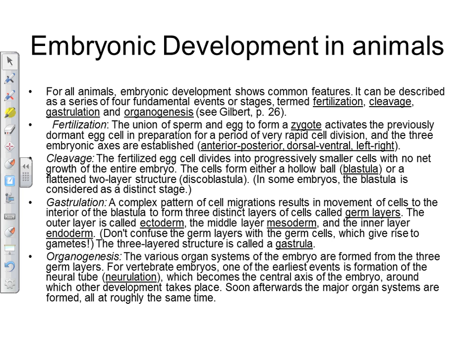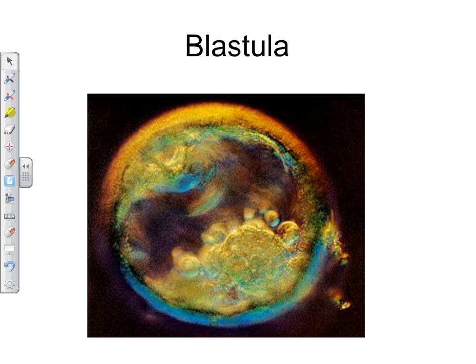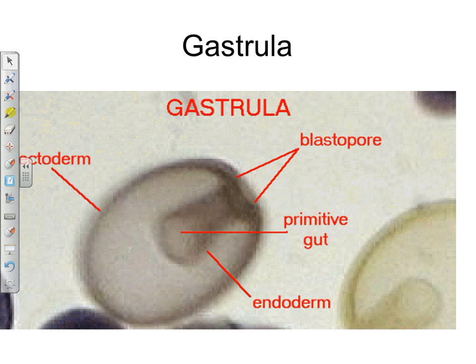Let me show you some pictures before we go any further. That's what the blastula looks like. It's hollow in here. Here's some cells on the outside of each side. Now here's the gastrula. It's only got two of the layers labeled, endo and ecto, but in here would be meso in the middle.